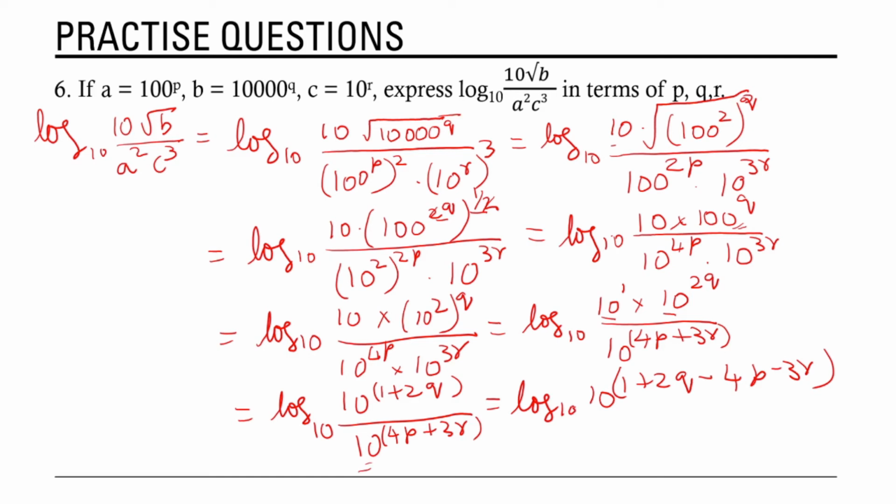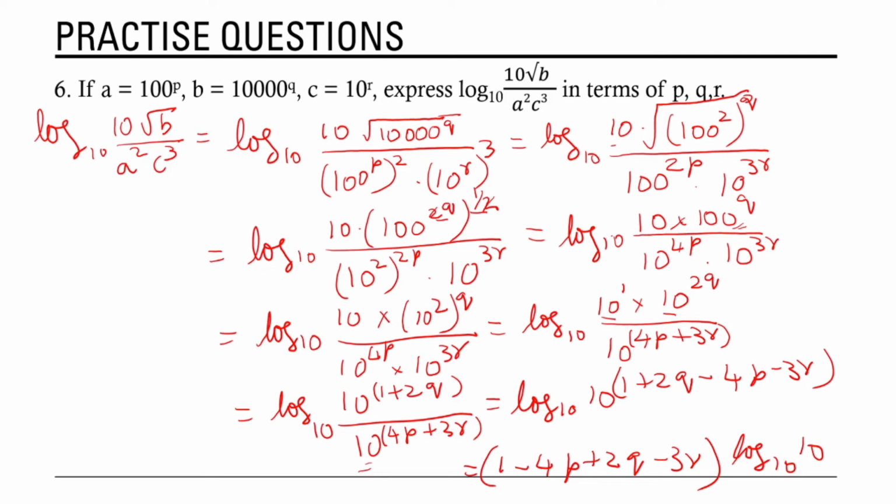Now, we know that log a raised to m is equal to m into log a. So, this is equal to 1 minus 4p plus 2q minus 3r into log 10 to the base 10.